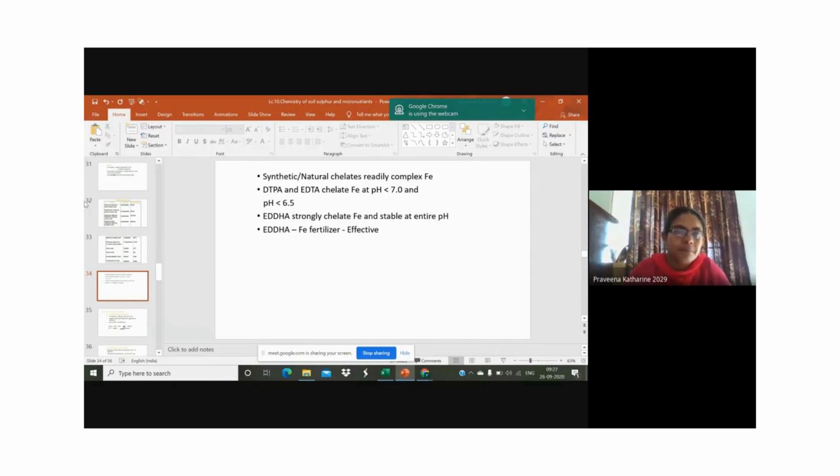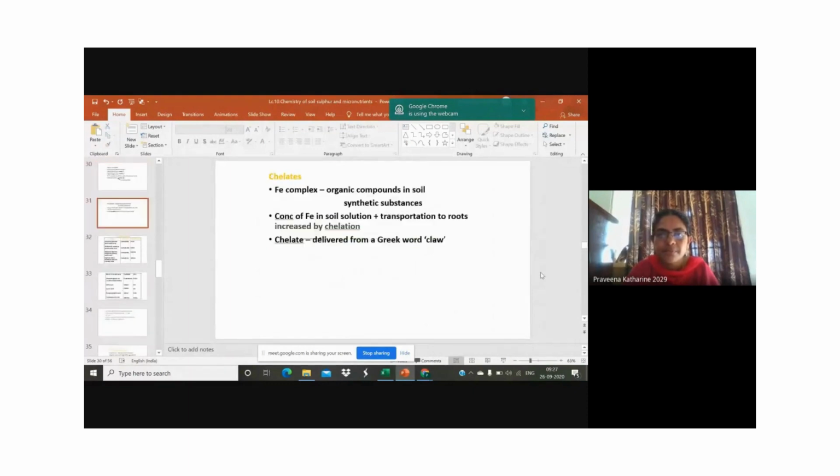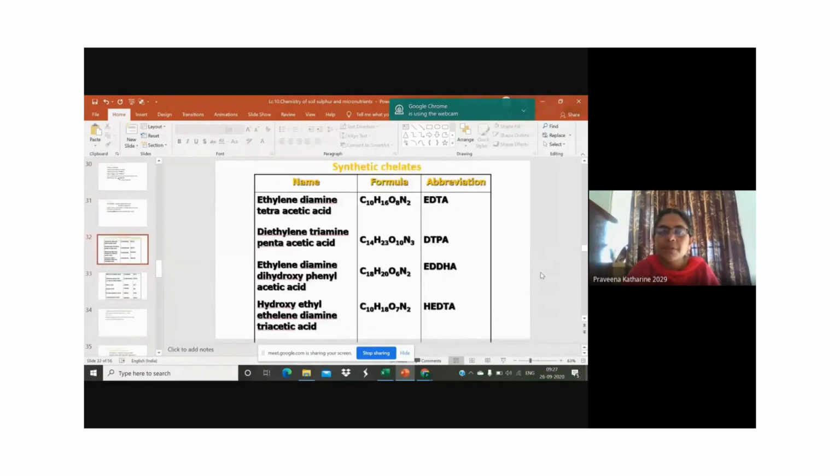And this one, ethylene diamine dihydroxyphenyl acetic acid, EDDHA, is an example that can even be used as a fertilizer.